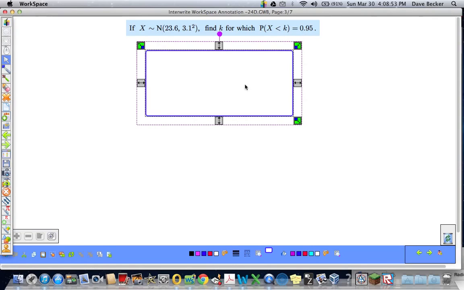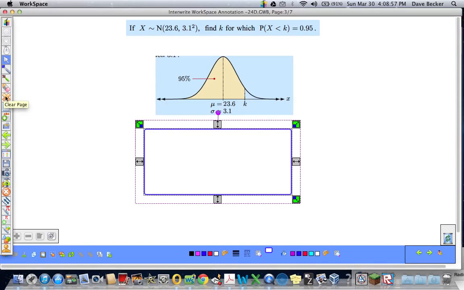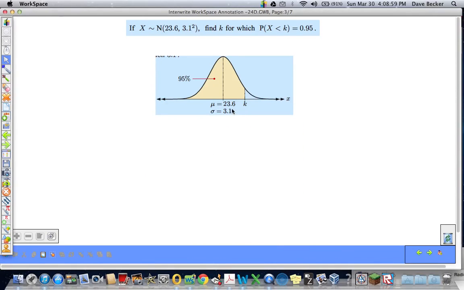Okay? So a sketch always helps. So we have a mean of 23.6, a standard deviation of 3.1, and we're looking for this value of k, where for that value 95% of the area of the curve is covered.